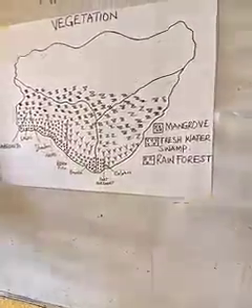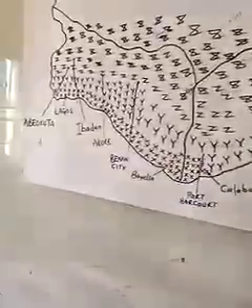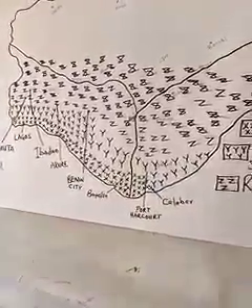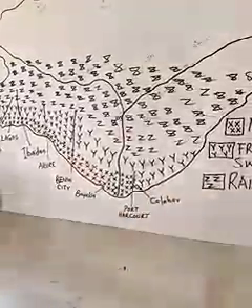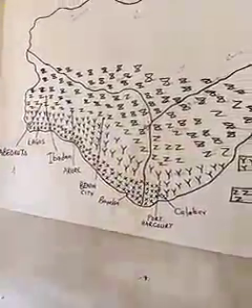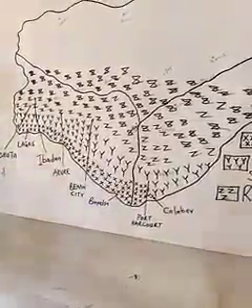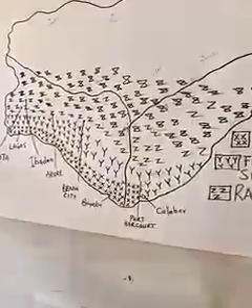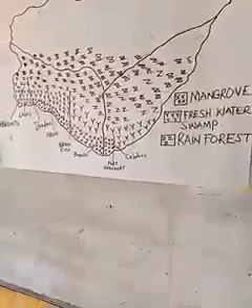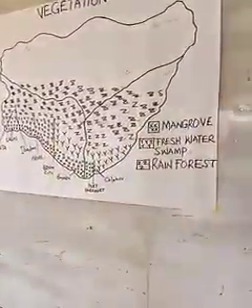Some rhizophoras have their roots completely inside water, some have aerial roots, that is, part of their root outside, and some species grow at the shore of the river. So that is what mangrove forest is.